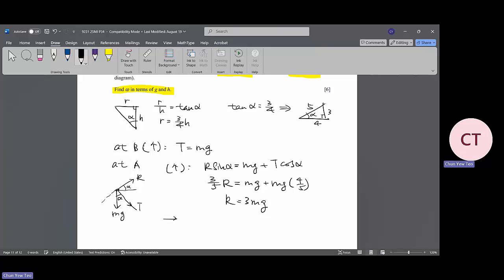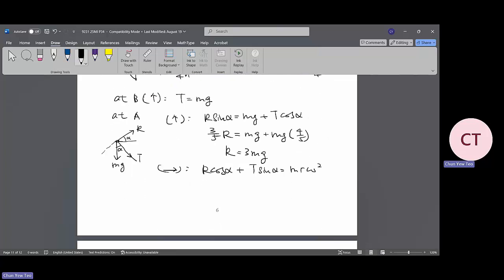Then if I resolve the forces horizontally, I get R cos alpha plus T sine alpha is equal to the centripetal force, m r omega square. So your R is 3 mg, your cos alpha is 4/5, your T is mg, your sine alpha is 3/5. What is your r?